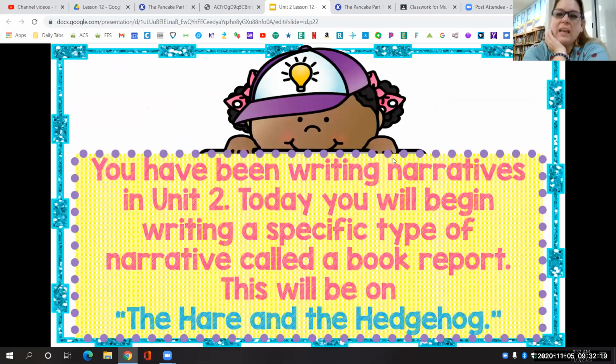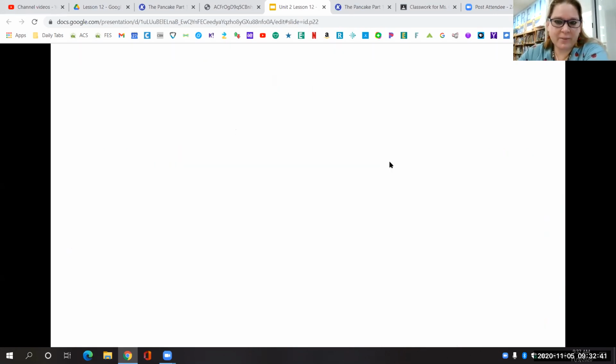All right, so we have been writing narratives in Unit 2. We did one last week, and today we're going to begin with a specific type of narrative called a book report. Very fitting that I'm in the library when we're doing this. We're going to do a book report on the story we read this week called The Hare and the Hedgehog.